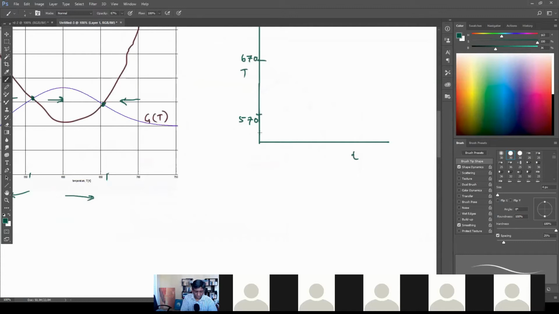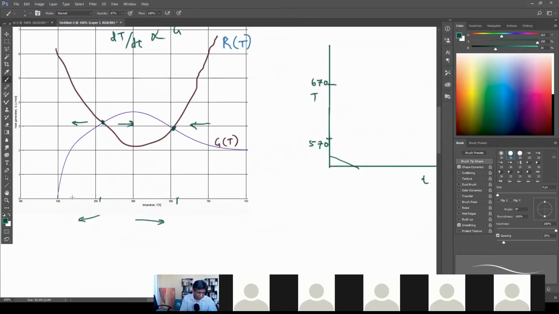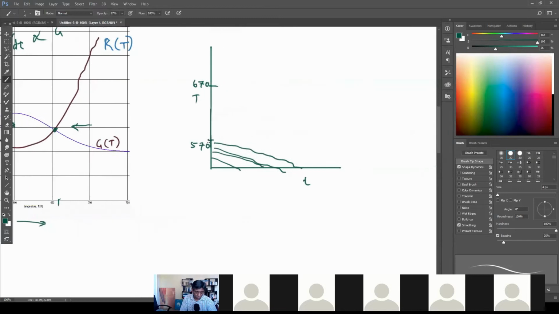It would be doing this, right? And the same thing applies for all initial temperatures up to 570. So wherever you look to the left of this, you are always moving in this direction. So if you start here, it would be doing that, and so on. And so you could draw as many lines as you like in this region that are doing that. So all your temperatures are running off in this direction.